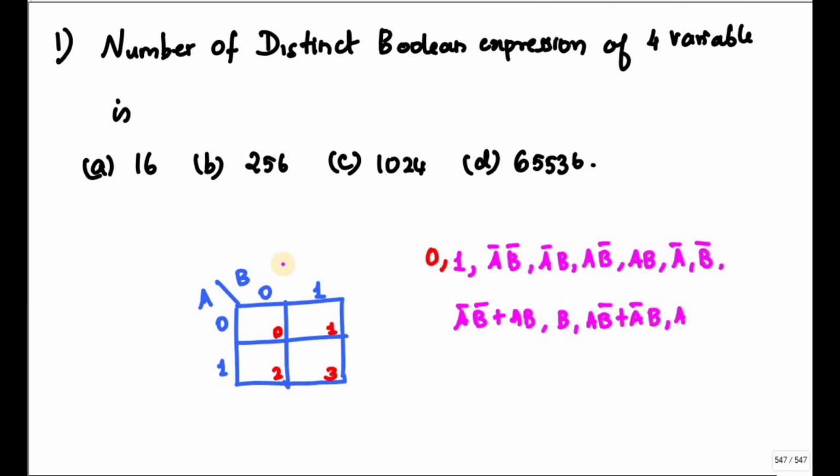Now suppose three cells are filled with 1 in this manner. What would be the answer? If I group this one, I will get A bar, and if I group this one, I will get B bar.